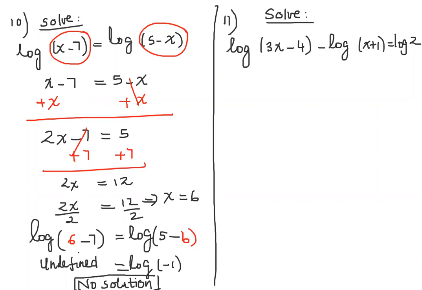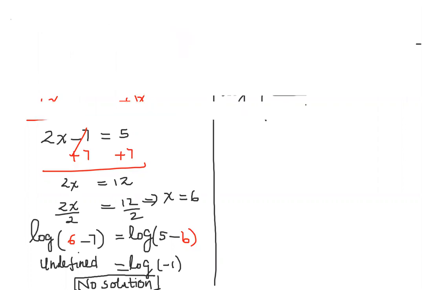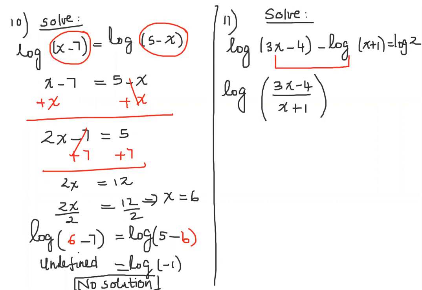And so since I have two logarithms, I can put this into one single logarithm by using quotient rule. Because it's minus, we have to apply the quotient rule. So the first one goes to the numerator and the second one goes to the denominator. So now I have made the two logarithms into one single logarithm.